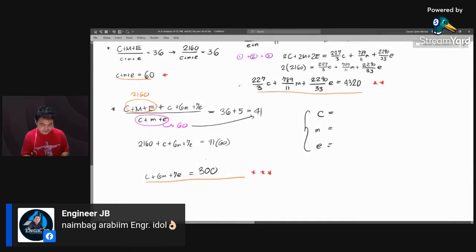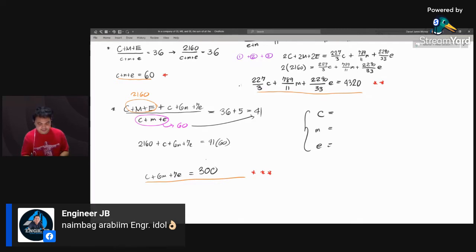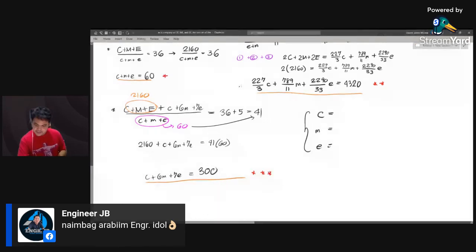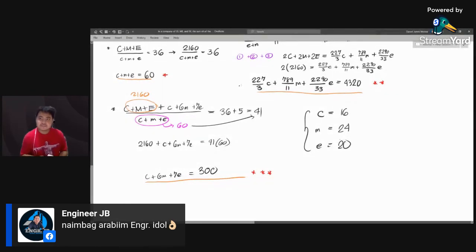Yan, I think it's manageable already. Manageable na siguro to, no? Yan, chill lang tayo, guys. Yan, finally. So, the value of small c is 16, 24 yung sa M, 20 yung sa E. Very basic. Ang haba ng solution, no?